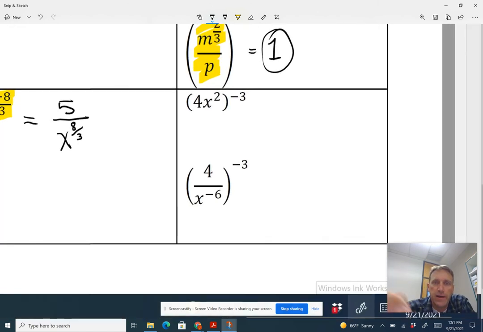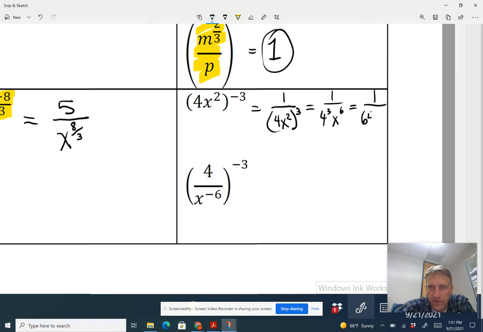So over here, let's say we get 1 over 4x squared raised to the 3rd power, and that's equal to 1 over 4 cubed x to the 2 times 3, or 6 power, and that's 1 over 64 x to the 6th.